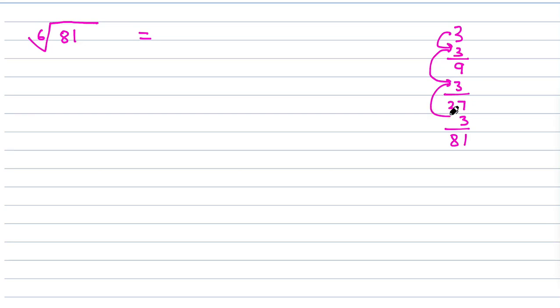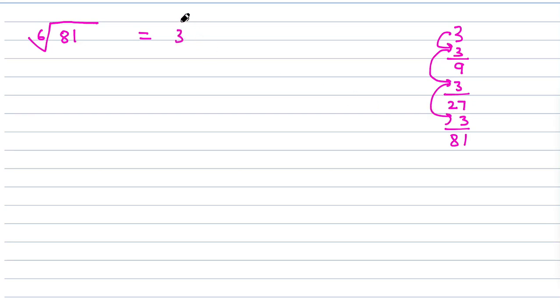Now let's take some more cases, like the sixth root of 81, right? Now I have to check which number, if I keep on multiplying, gives 81. So let's see, 3 times 3 is 9, times 3 is 27, times 3 is 81. So 3 is multiplied how many times? 1, 2, 3, 4.